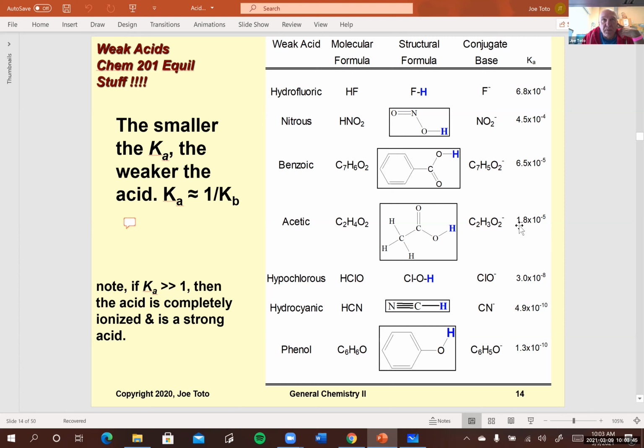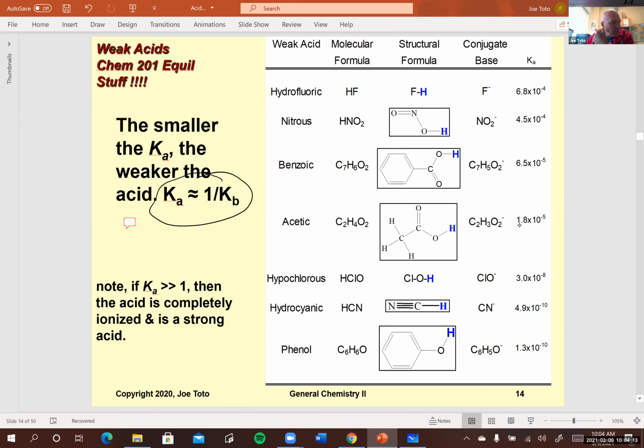Also, we were talking about relationships of their conjugates, and going back to the fact that there's an inverse proportionality between the strength of a weak acid and the strength of its conjugate base. And we made some arguments about why that should be true because of what we know about equilibrium.